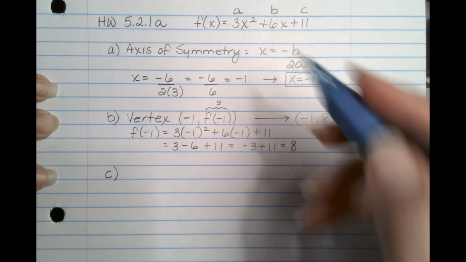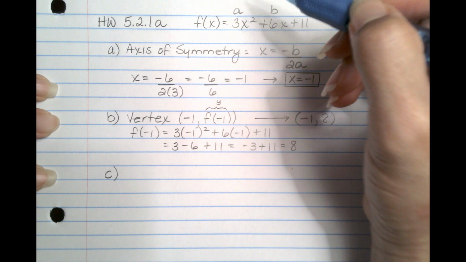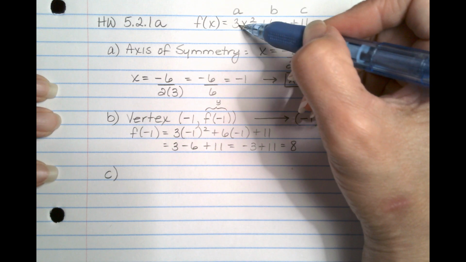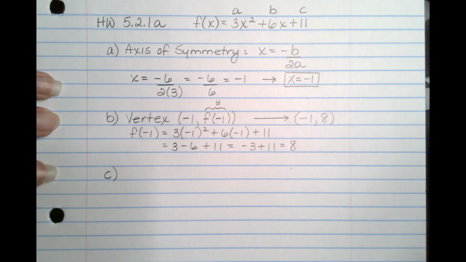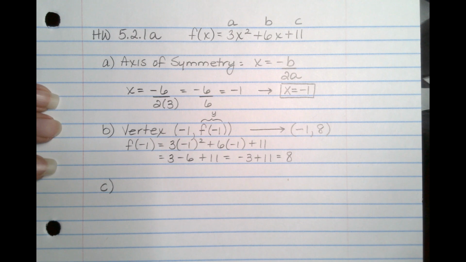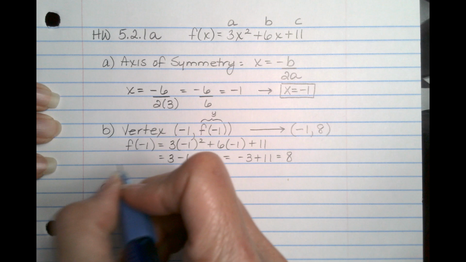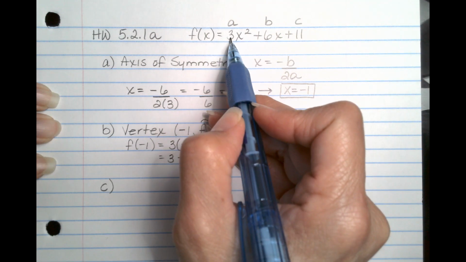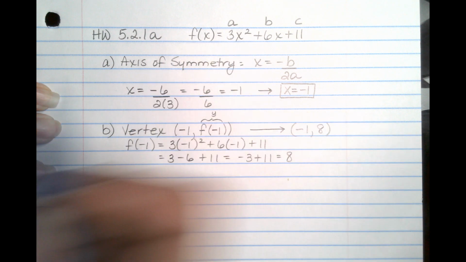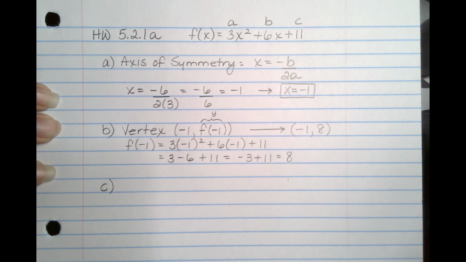Concavity depends on your a value. Your a value is the coefficient of x squared. It tells us whether our graph is going to be upward facing or downward facing. In this particular case, we know that our a is 3, and 3 is greater than 0. And because it's greater than 0, it's going to be concave up.